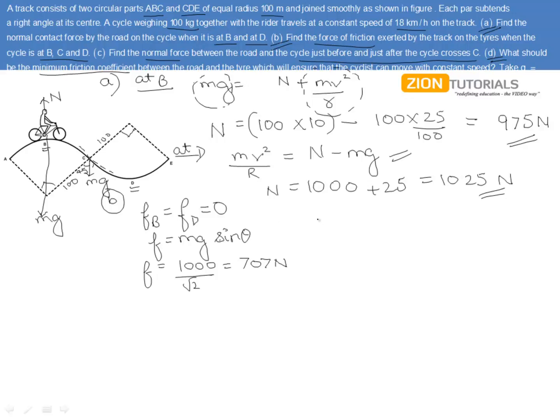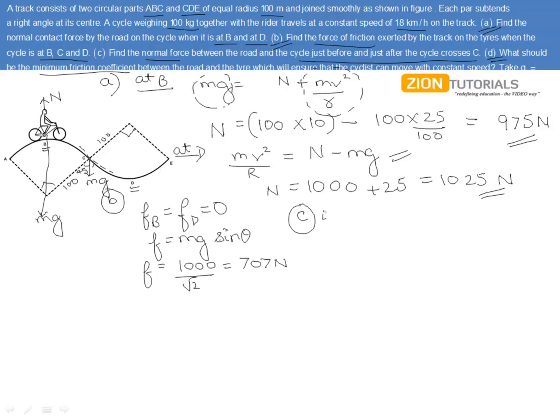Now, proceeding with the next part of this question, that is, find the normal force between the road and the cycle just before and just after the cycle crosses the C. Now, C is the point which is joining the ABC and the CDE portions of the path. So this is a point of transition. So we have to work for a little distance before this and a little distance after this. That is one equation for the ABC path and the other for the CDE path.